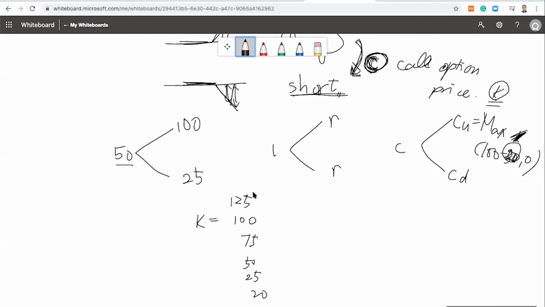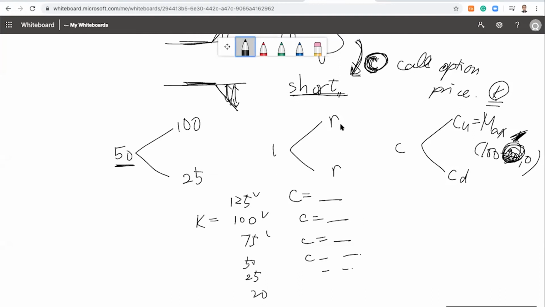And depending on the strike price, the option price is all different. So in this case, it happens to be the same as the original S, but not necessarily. Of course, this is a very simple model. So for some cases, the option price has the same value here.